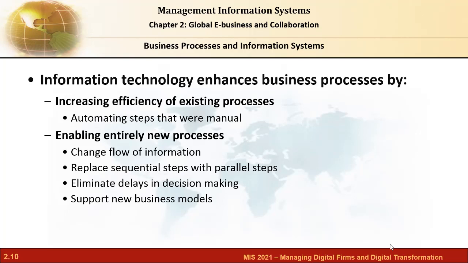Basically, information systems or information technology applications can enhance business processes by increasing the efficiency of existing processes, for example automating steps that were manual, which saves cost and does things faster, more precisely, at higher consistency, and can also avoid errors sometimes made by humans.